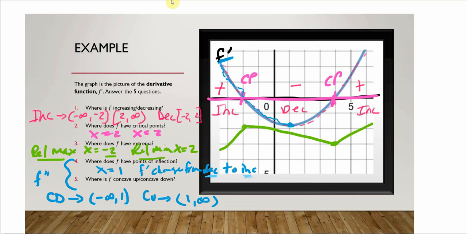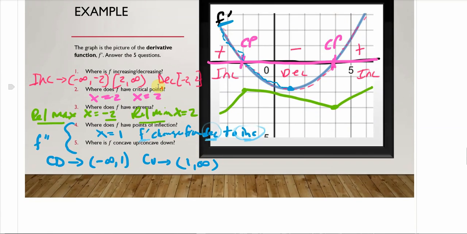Decreasing means the derivative of f prime is negative, and increasing means the derivative is positive. That word has major strength. So the word increasing means positive slope. So f prime has positive slope, so the derivative of f prime is positive. That's what it's saying. Okay.